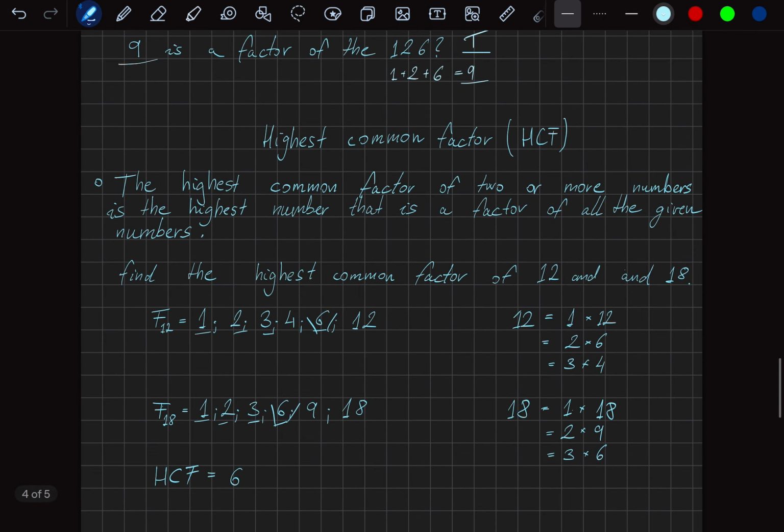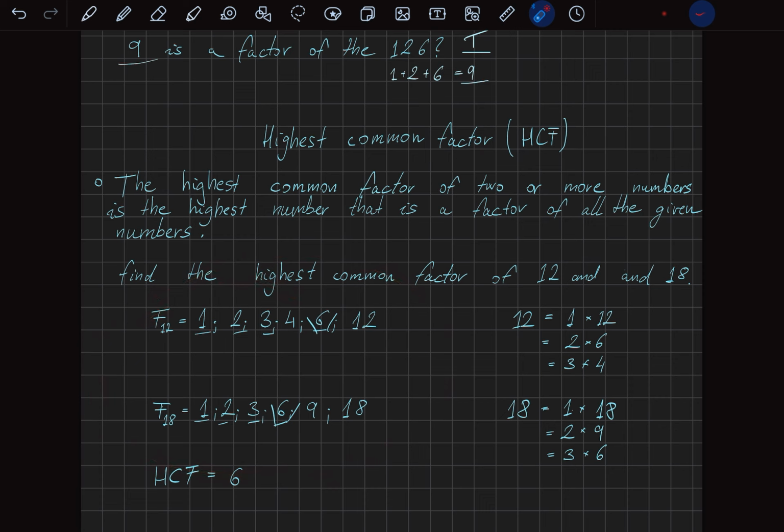Highest common factor. The highest common factor of two or more numbers is the highest number that is a factor of the given numbers. So find the highest common factor of 12 and 18. We search for the highest number that can divide the given numbers. How can we search for it? We just write the factors of the numbers.